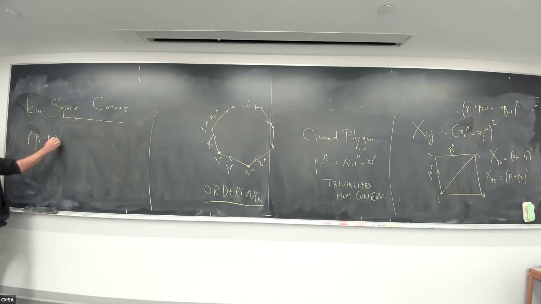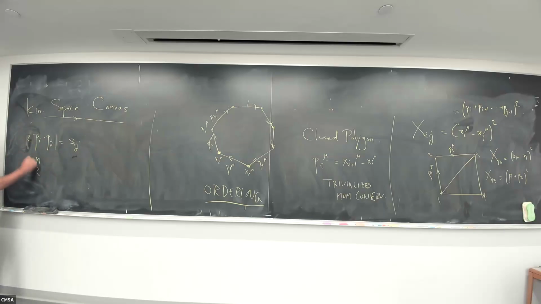Sometimes physicists call these, maybe with a factor of 2, S_ij. They're called Mandelstam invariants. Now, how many of these S_ij's are there if I have n particles? How many independent ones are there?